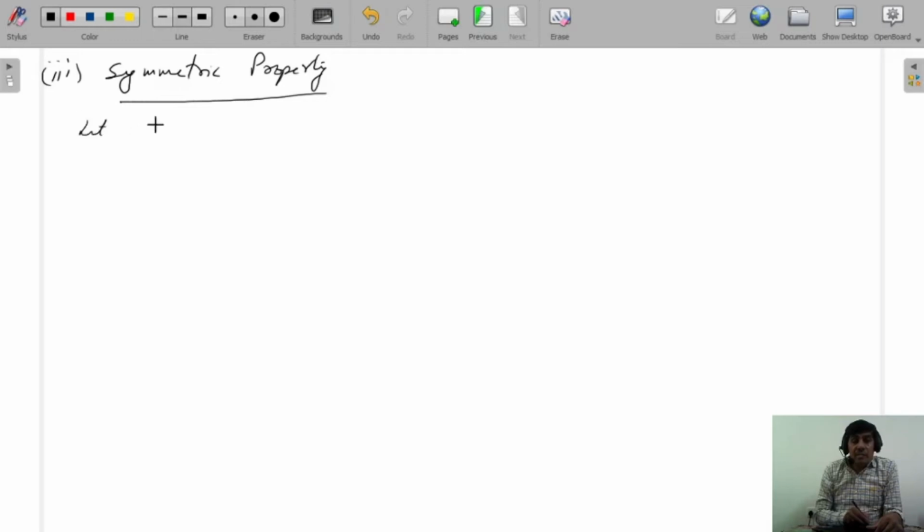Let x, y belongs to R square such that x is equal to (x1, x2) and y is equal to (y1, y2).